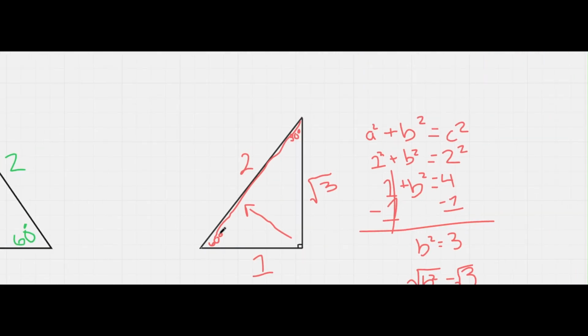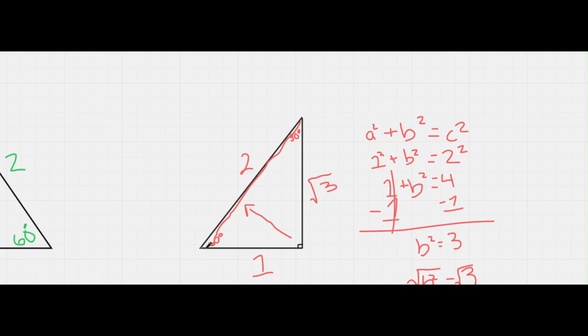So whenever we have a 30, 60, 90 degree triangle, we know that the short side is going to be the length of the hypotenuse divided by 2. And the long leg is going to be the length of the short side times the square root of 3.